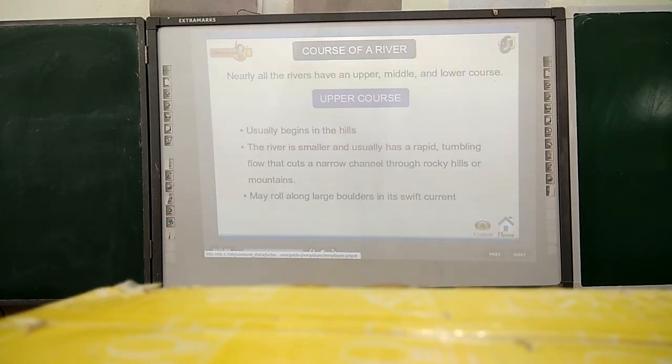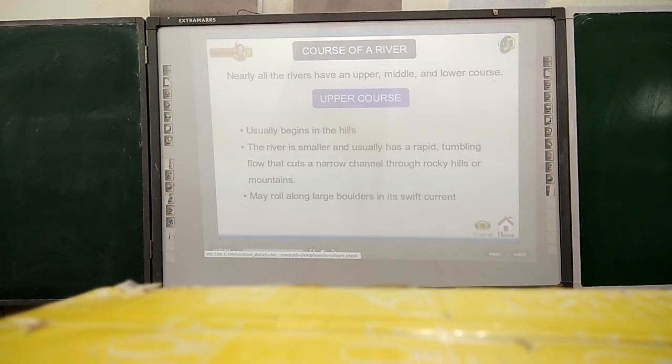Nearly all rivers work in three stages: number one is the upper course, then the middle course, and the lower course. The upper course usually begins in the hills. It always starts from the top of the hills, mountains, higher places.